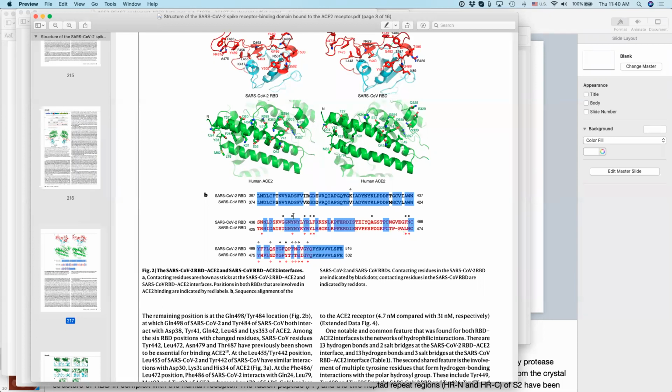So here you can see the specific residues that they have identified, and I propose that you try to identify them as well by doing multiple sequence alignment. And so here you can see the black ones are coronavirus 2, the red ones are coronavirus 1. So some of them are exactly the same, right? Some of them are different. For example, this G and T, right? That's a change.